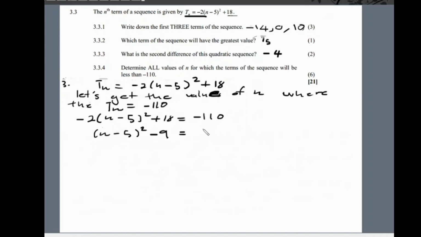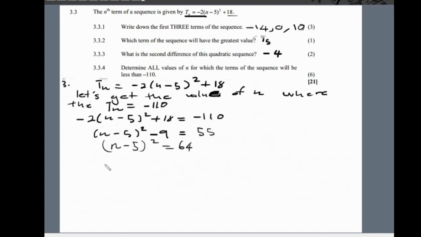Now we're solving for n, right? We want the value of n where the function equals that number. So n minus 5 squared will be equal to 55 plus 9, which is 64.